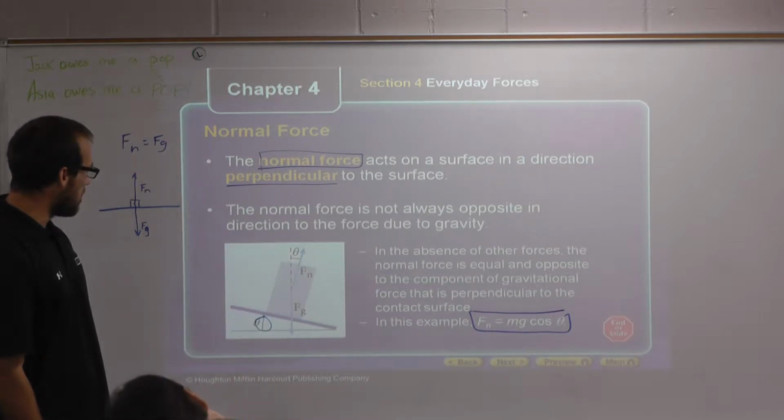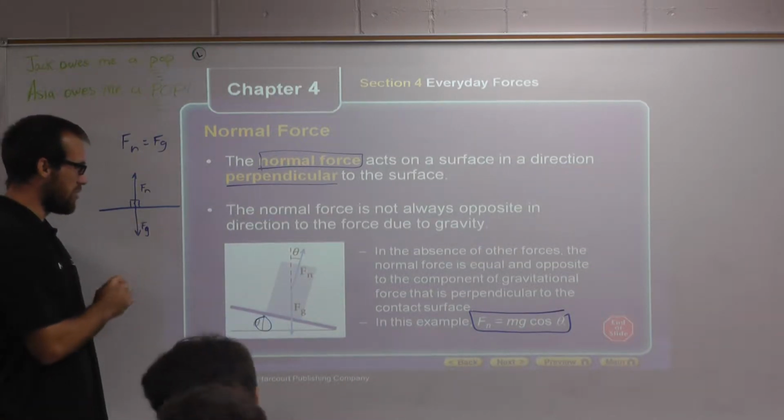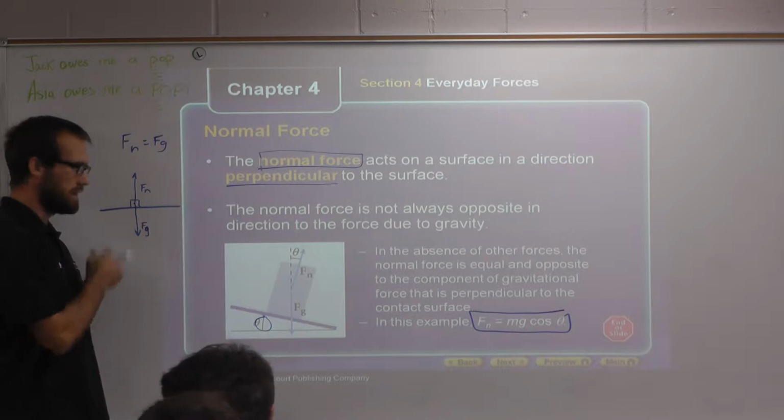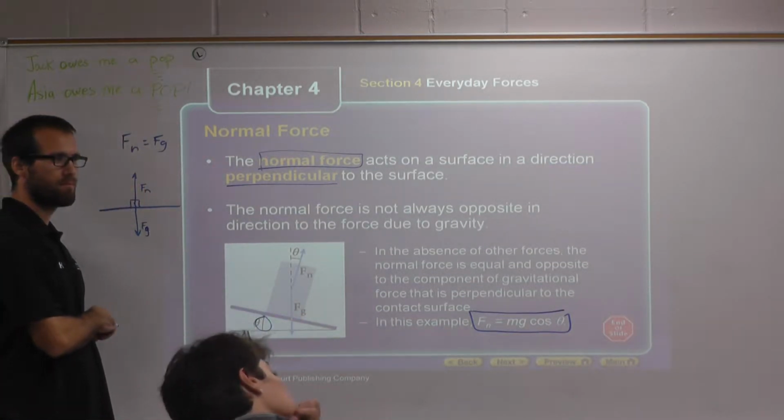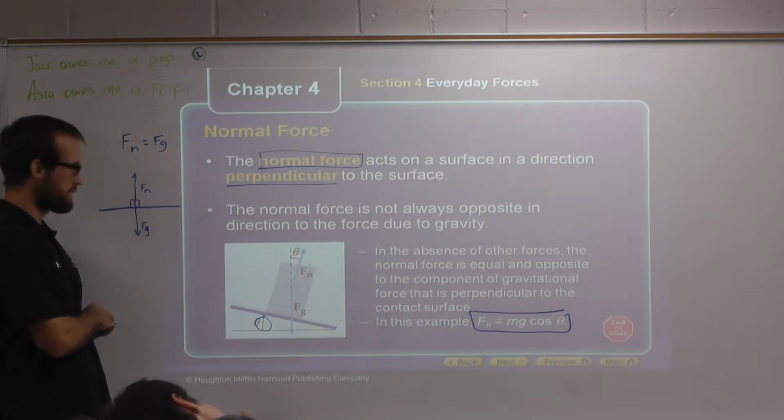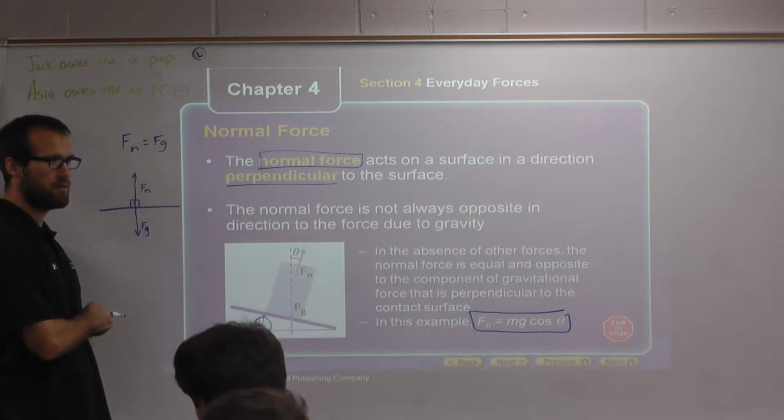What if you weren't at an angle? What would the angle be? The angle would be 0. Not 90? What's the angle if you're not at an angle?